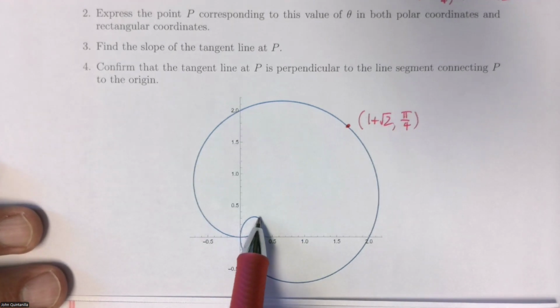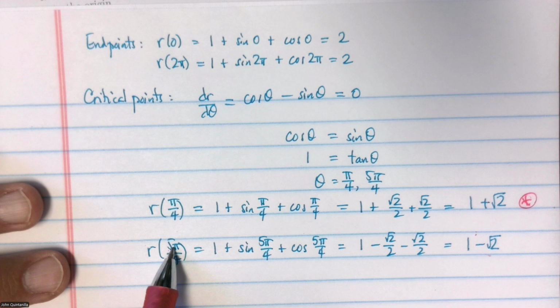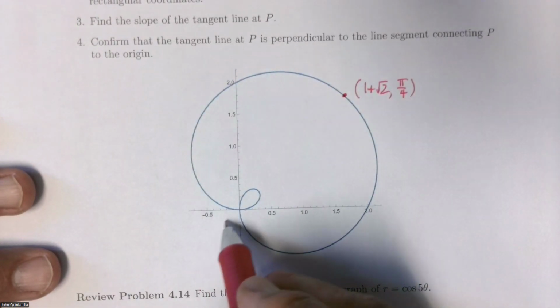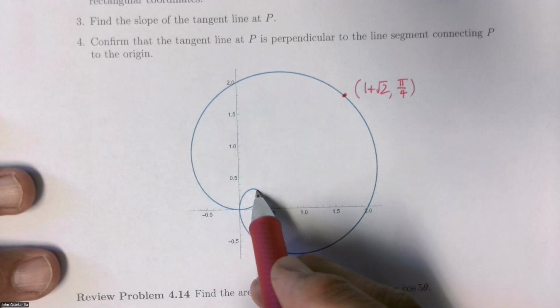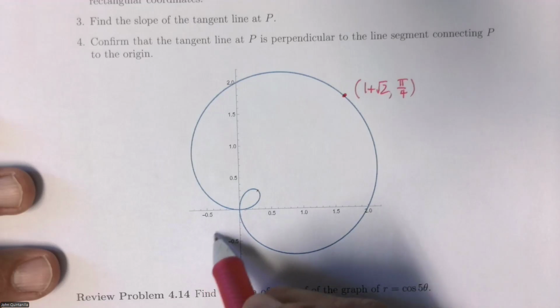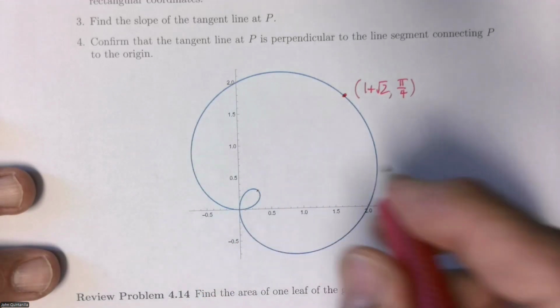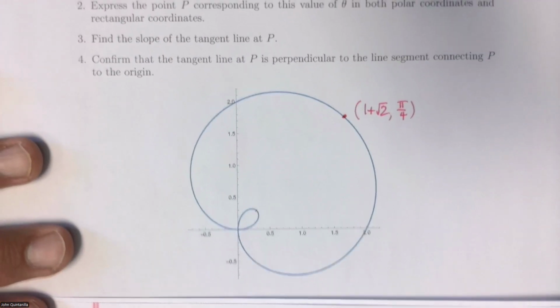And for what it's worth, the height of this inner loop is what corresponds to the minimum. We found that the minimum value was 1 minus square root of 2 when we had an angle of 5 pi over 4. That would be this direction, but I go backwards. So this would be square root of 2 minus 1 away from the origin, or 1 minus square root of 2 if I went in this direction, but going backwards. I can just point that all out for the sake of the review.